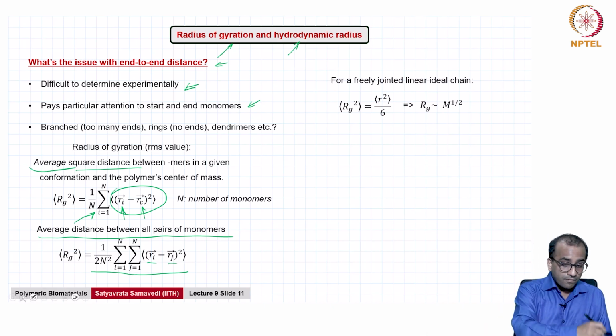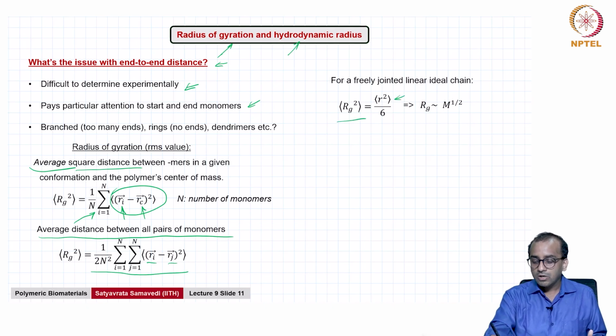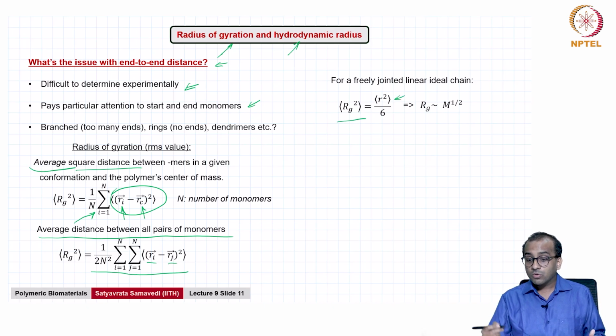So, if you think of radius of gyration for the ideal freely jointed chain, you can show that that is related to the mean square end-to-end distance through this relationship, from which you can show that Rg scales as molecular weight to the 1/2, which is something that holds for ideal chains.